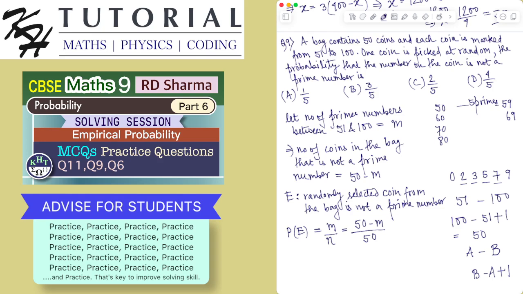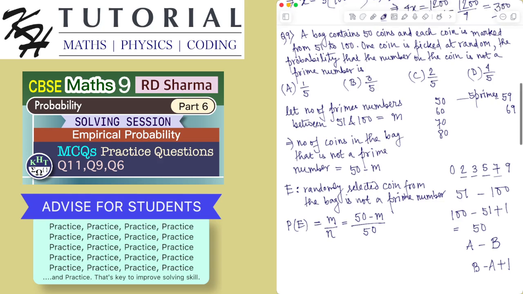I'm sorry I could not solve this problem completely because I need to know the total number of prime numbers between 51 and 100, and only then can I find 50 minus m. So anyway, sorry for this. Let's see the next problem.